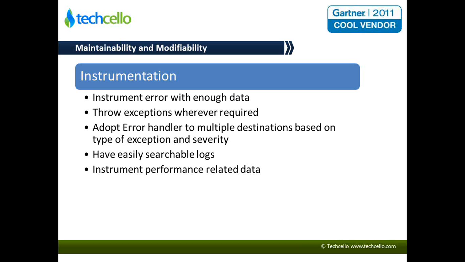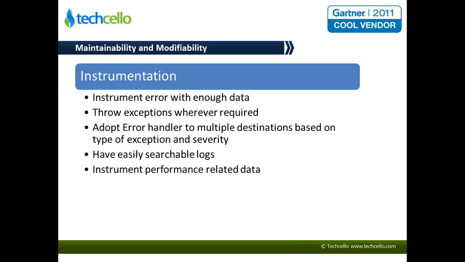And also properly devise where you are logging, and have searchable logs. The formats of the errors have to be proper. Use a DB in case you are expecting to analyze the instrumentation data. And also, it's not just enough to instrument errors.